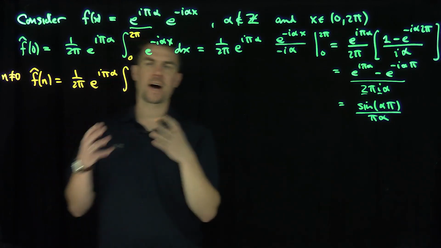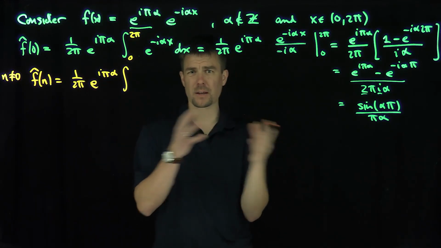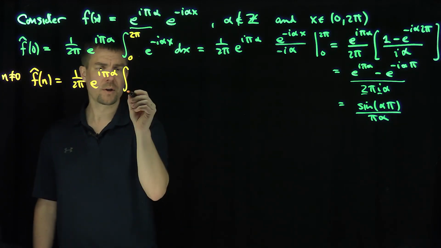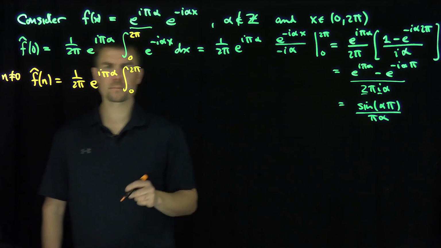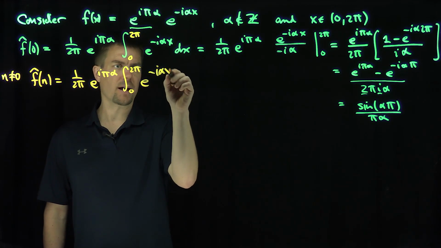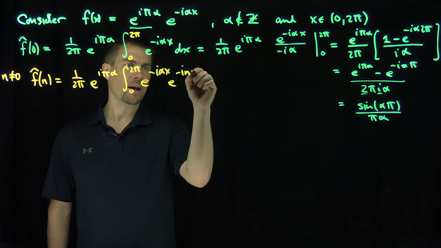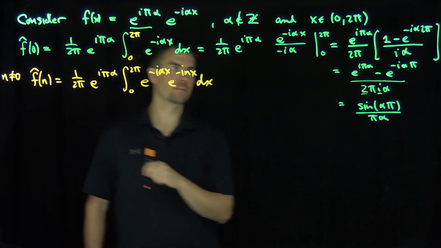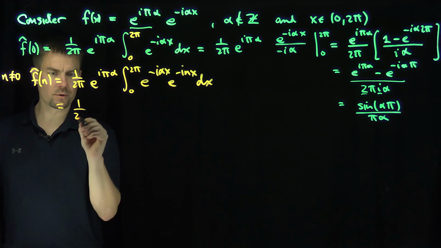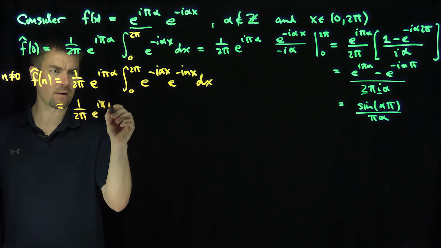It won't matter if I shift these things, and by the periodicity it won't change anything, but to be completely formal about it, I'm using those limits. So I should put a 0 to 2 pi here. And then e to the minus i alpha x, e to the minus i n x dx. Okay? And so now what will this give us? This is going to give us 1 over 2 pi e to the i pi alpha.